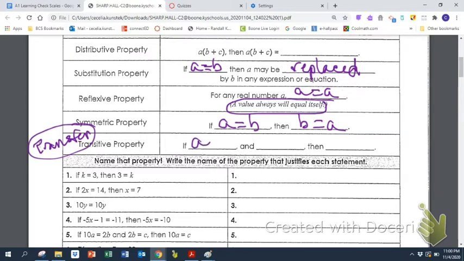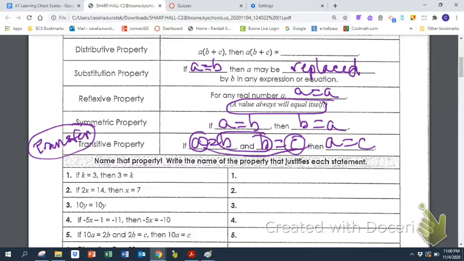If A is equal to B and B is equal to C, we're just going to transfer this and say, because they're both equal to B, we're going to say that A is equal to C. Again, we're just transferring the A to the C because both of them equal B.